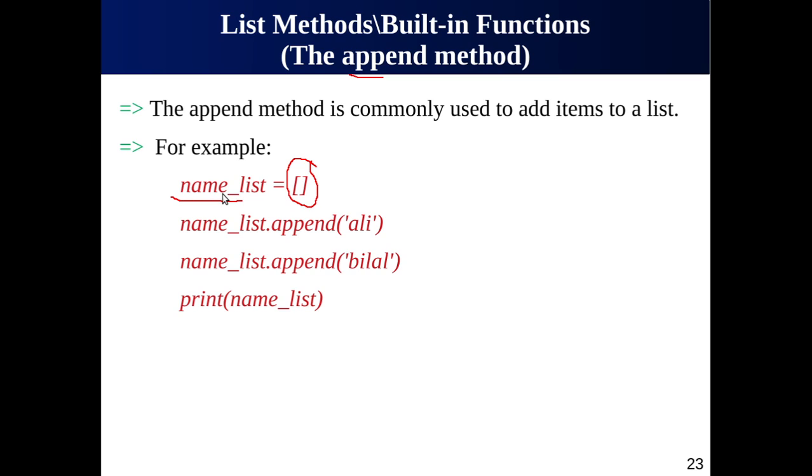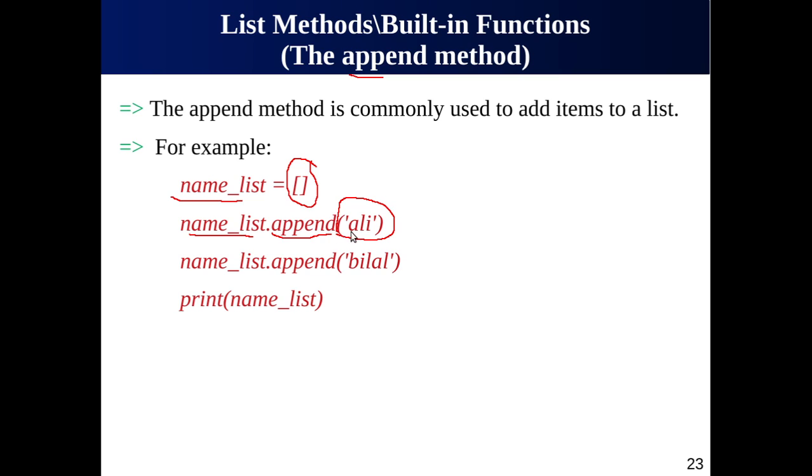The name of the list is name_list. If you want to add a new element to this empty list, then you have to use the append method. How you can use it: first write the name of the list, in my case name_list, followed by the dot operator, followed by the append keyword, and followed by the element.